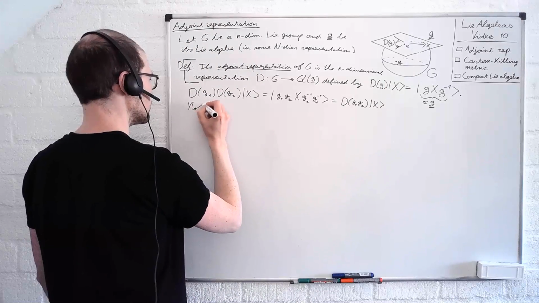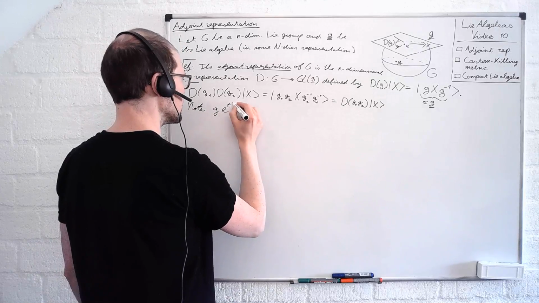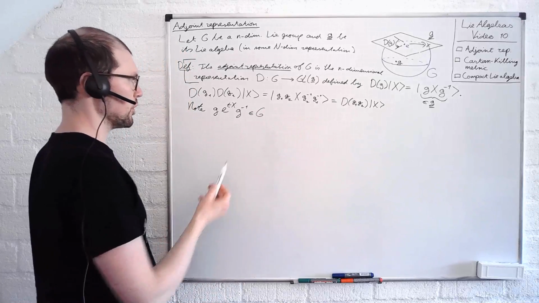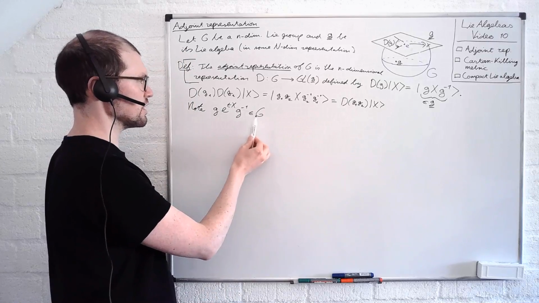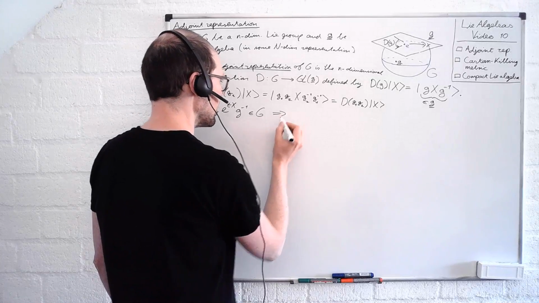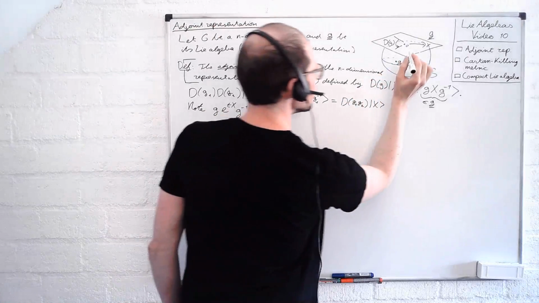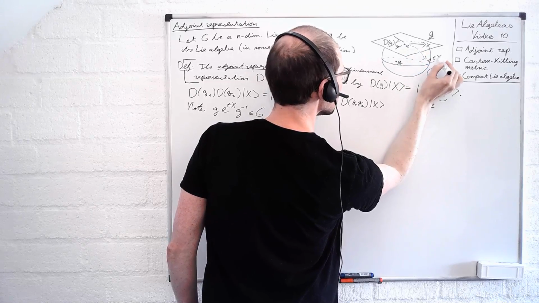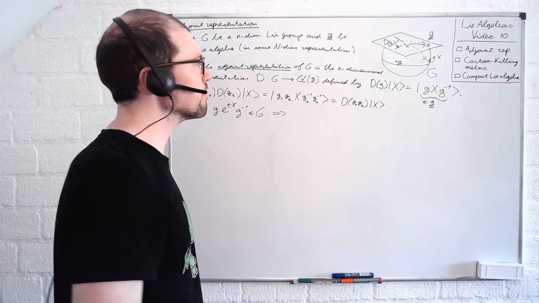Note that if I take g e to the power t x g inverse, by the definition of a group and the fact that the exponential mapping sends generators to group elements, this is a group element again. In particular, it's a group element parameterized by this real parameter t, so it gives you some trajectory in your group, e to the t x, that is the identity when I take t equal to 0.